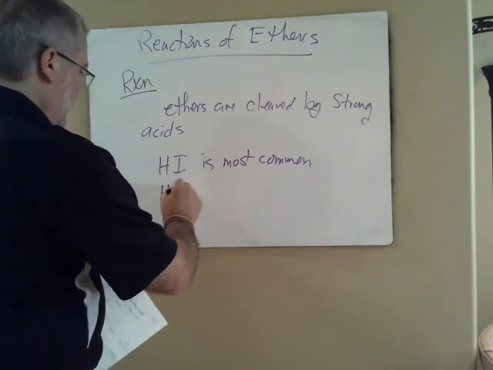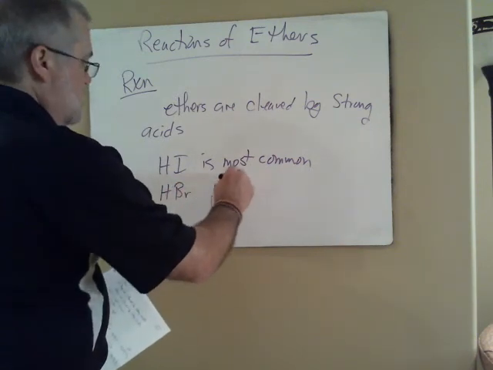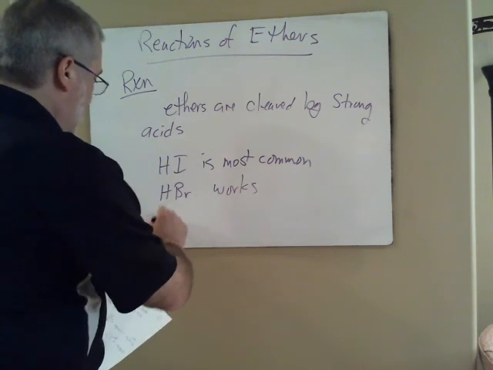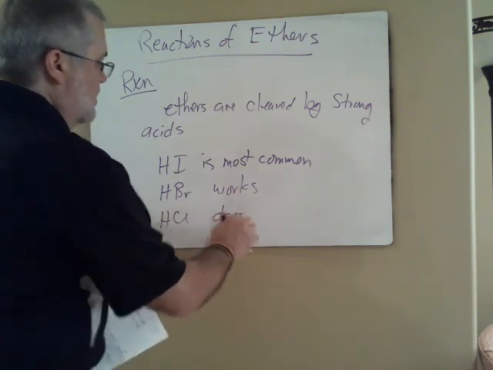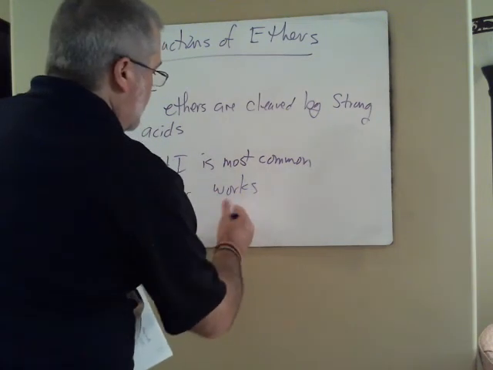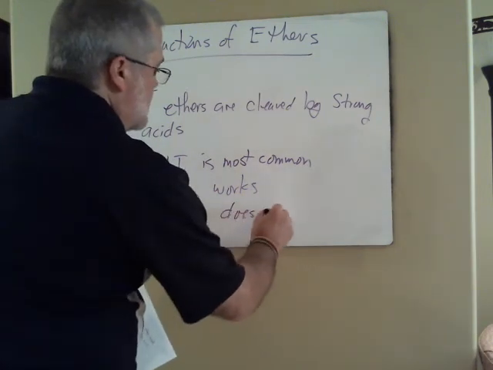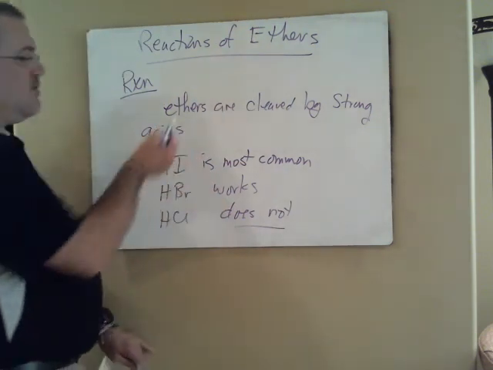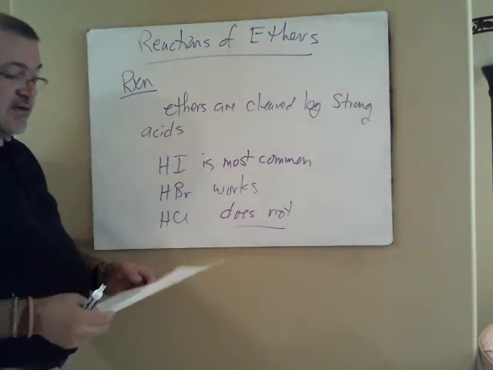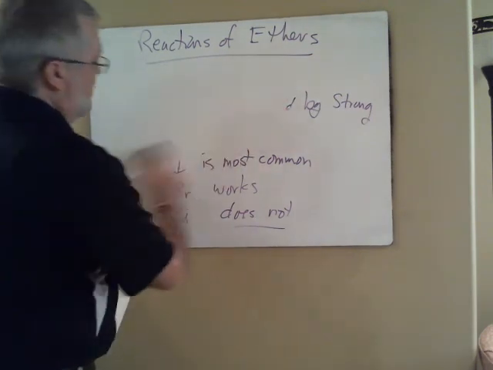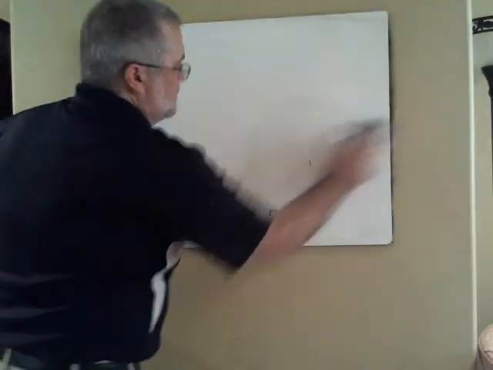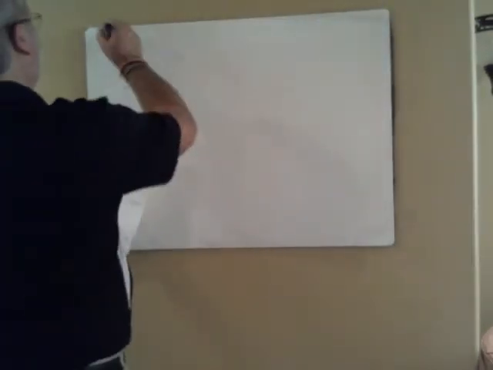HBr works, but HCl does not. So when we say strong acid, that means strong acid, okay? And so what would the general reaction look like? Let me start with a simple example.